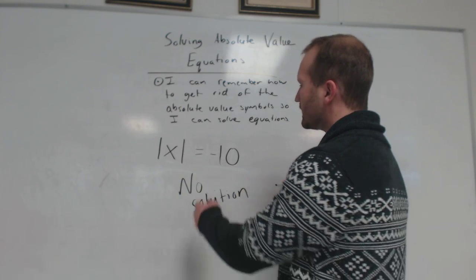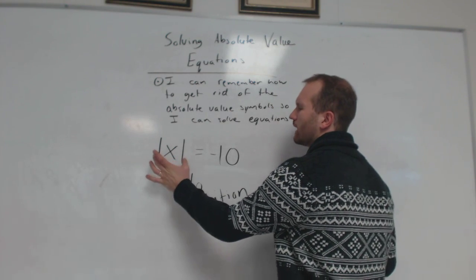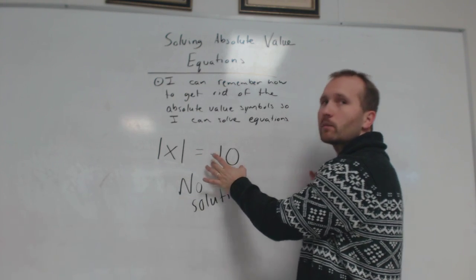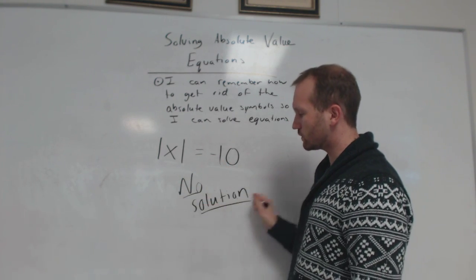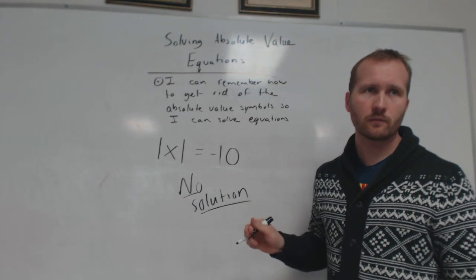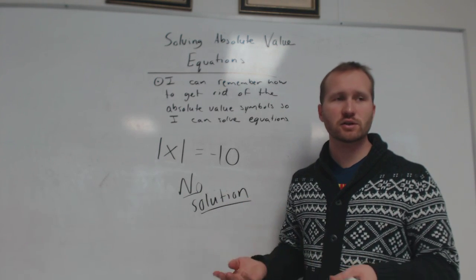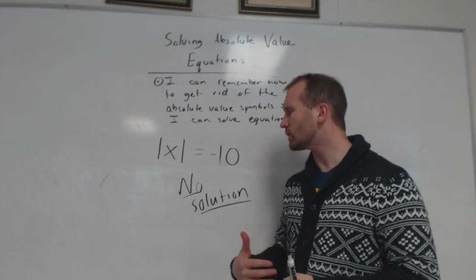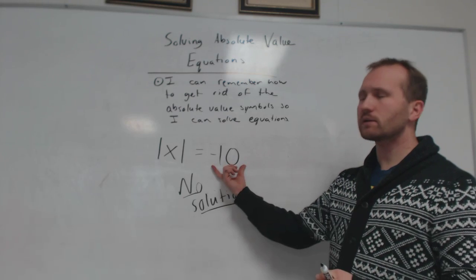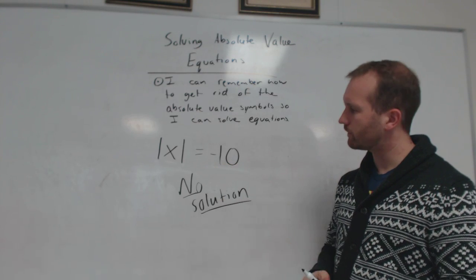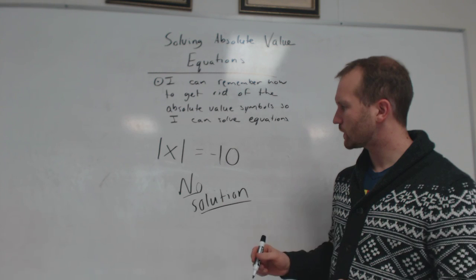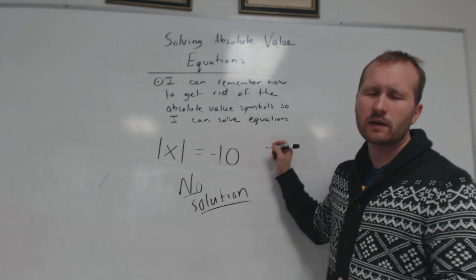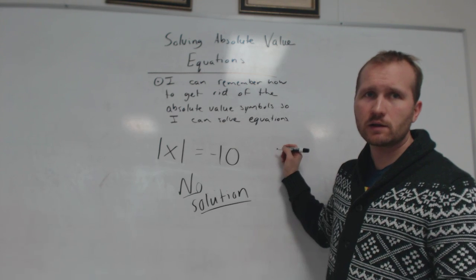If you ever see an equation that says the absolute value of something equals a negative number, there is no solution. Based on just the definition of what absolute value is, right? The definition of absolute value, it is always going to be a positive number. So in your notes, I would probably write a little note to yourself. The absolute value can never equal a negative number.